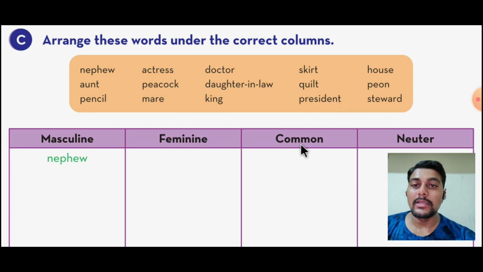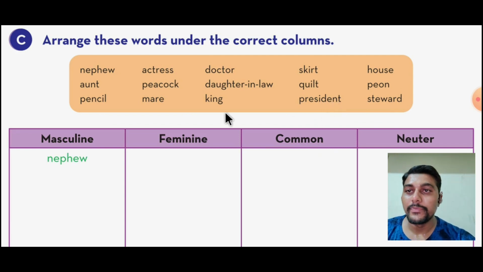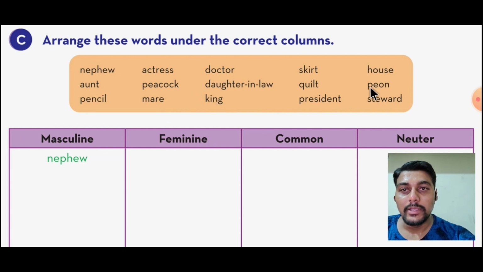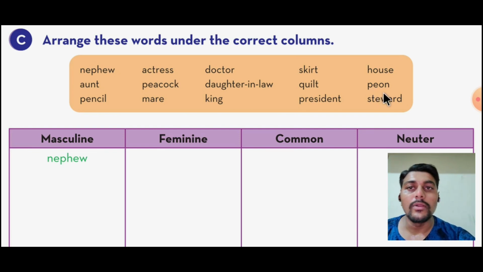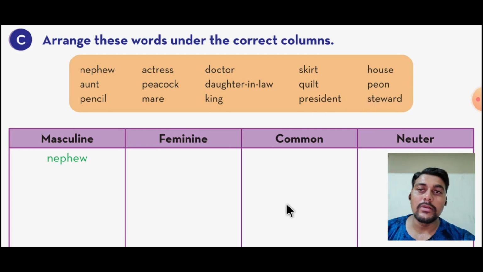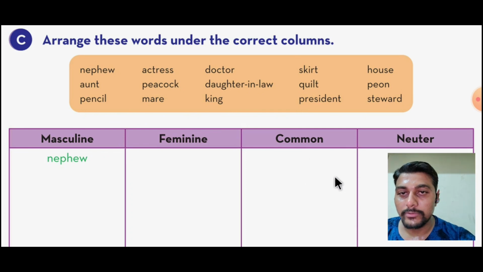Yes, president may be either male or female. So doctor, president, and one more is left. Can you see that one? It is over here, peon. It may be male or female. So doctor, president, and peon: these 3 nouns will come into the category of common noun.